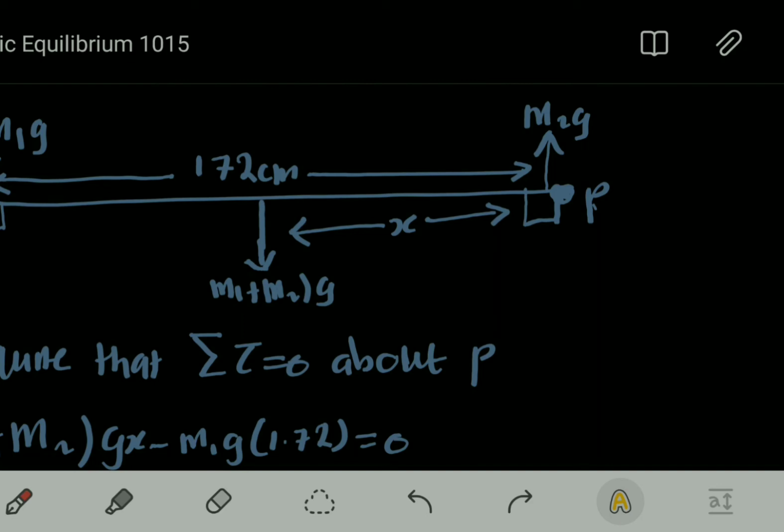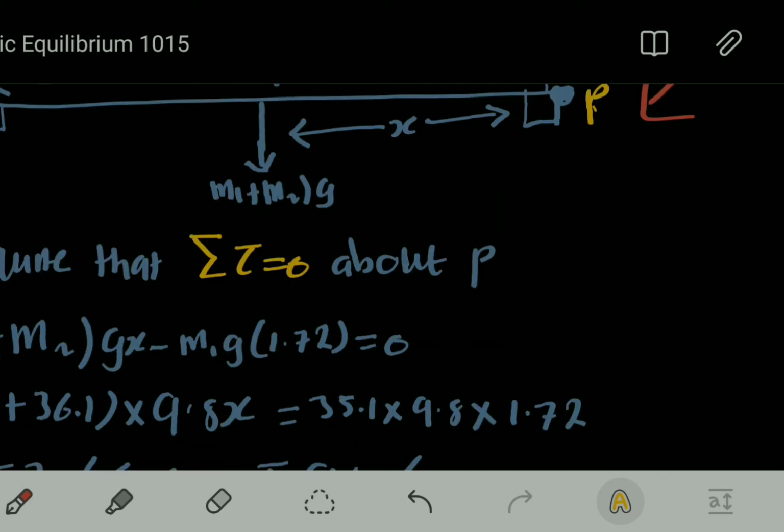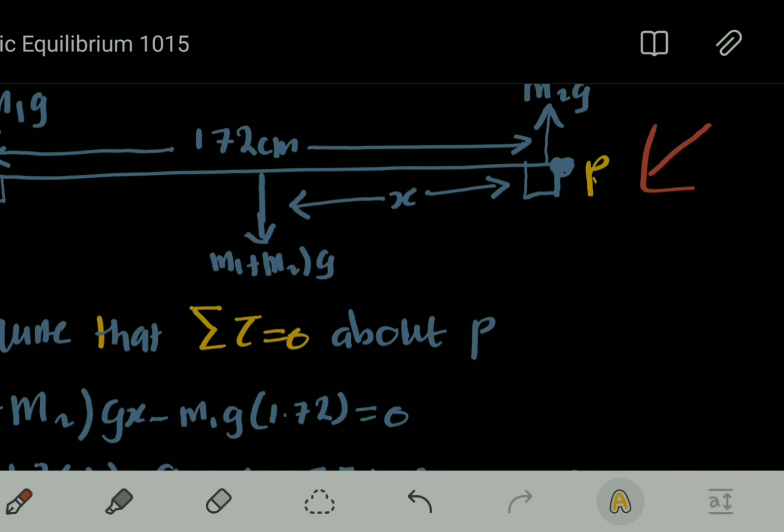So let's look at this. We require that the sum of the torques is 0 about our pivot P. Because we are measuring our distance from her feet, which is here on our right, we take our pivot to be at the feet. So if that is our pivot there, then let us see the sum of the torques.